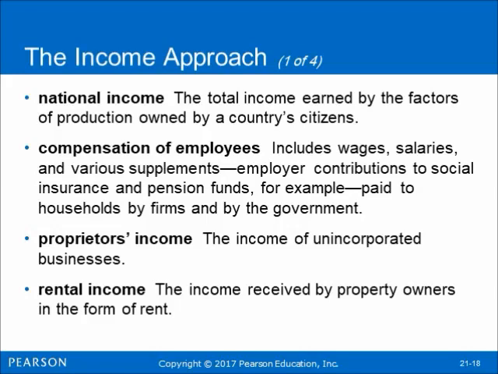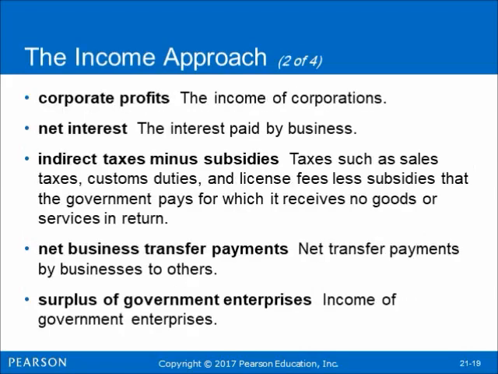Second, proprietor's income. This is income of unincorporated businesses. Third, rental income or rent. This is the income received by property owners in the form of rent. Fourth, corporate profits, which refers to the income of corporations.